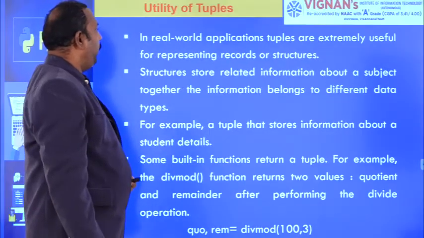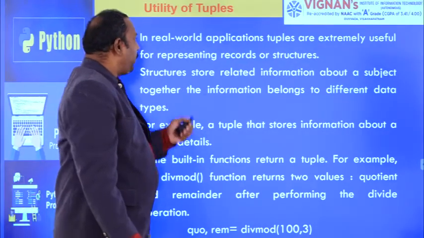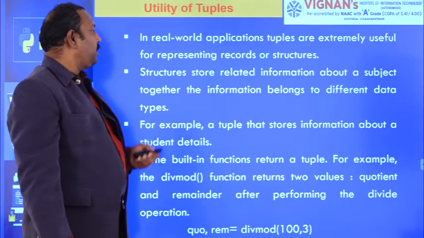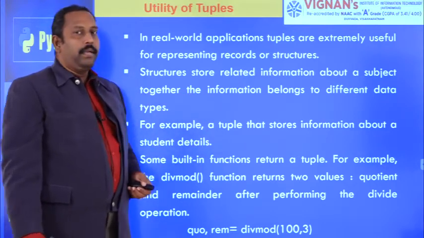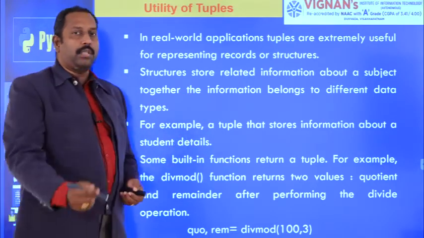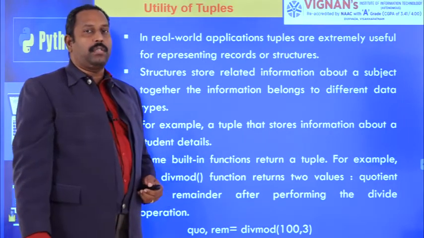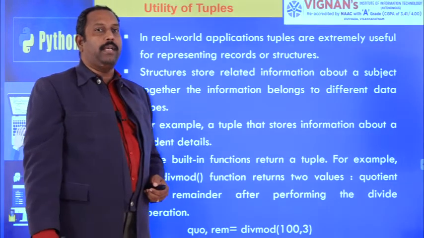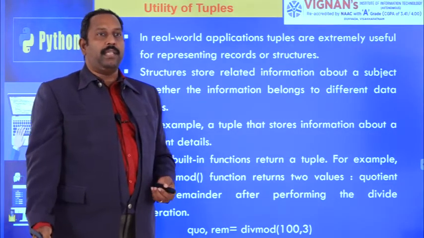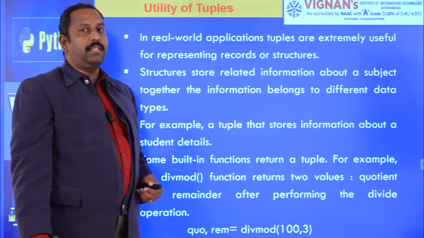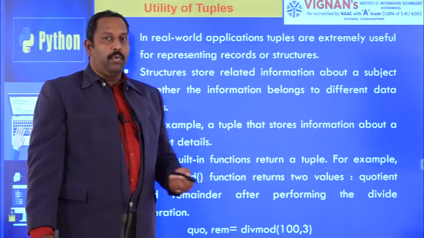And the next one is the utility of tuples. In real-world applications, tuples are extensively used to represent related structures. So what is a structure? A structure is a collection of different data items. For example, take a student structure consisting of student number, name and address. The number is an integer, the name is a string, and the address is a collection of floating point values.